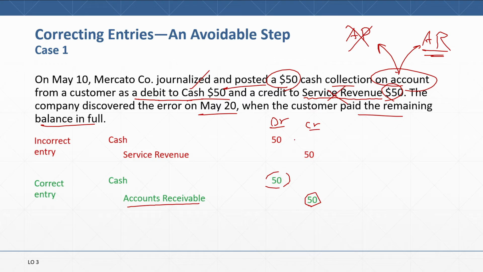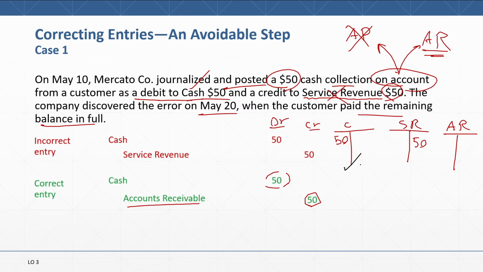How can we fix this error? The way I prefer to analyze these kinds of transactions is to draw the T accounts. Here I have cash, service revenue, and accounts receivable. The incorrect entry puts $50 here, $50 here, and nothing under accounts receivable. The cash side is okay.